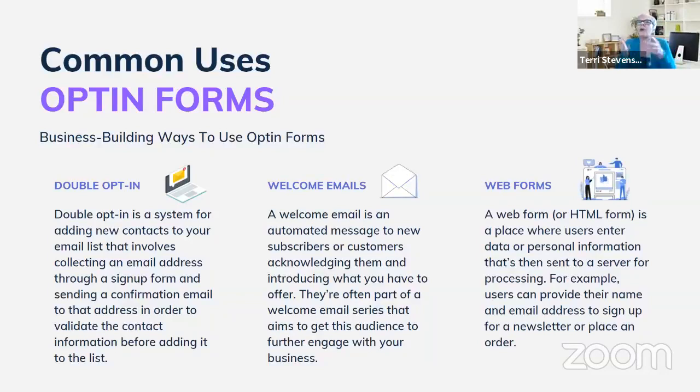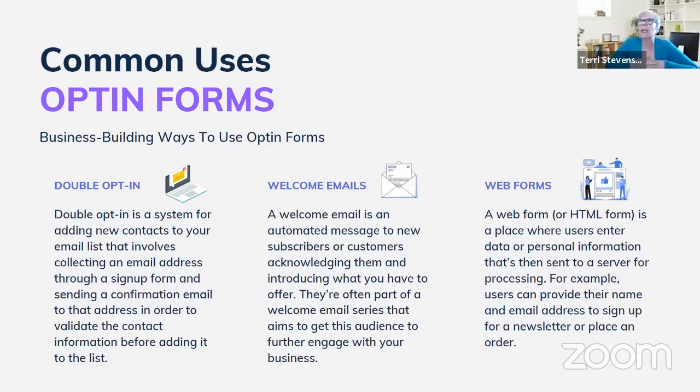A web form is where a user enters information. Usually you always have to have the email address, plus some other kind of information. But it could also be another type of input. It doesn't just have to be that email.